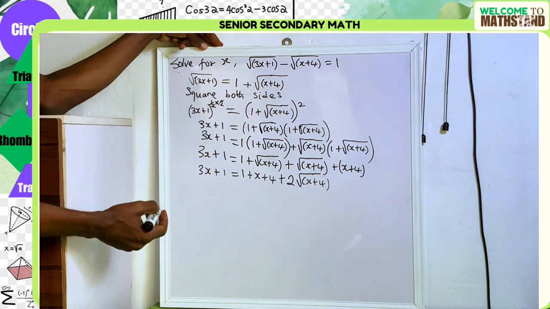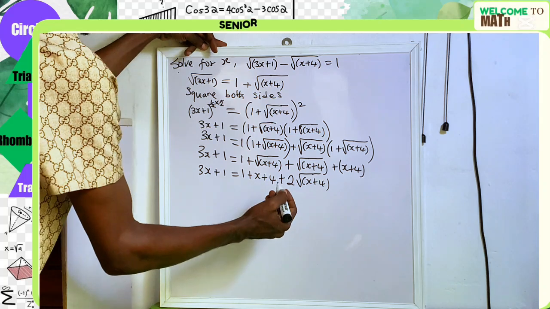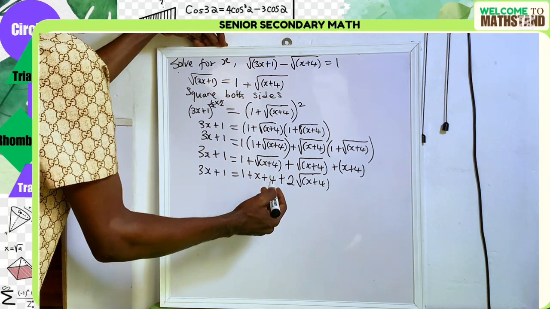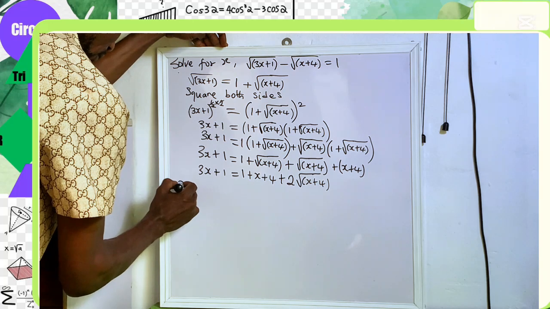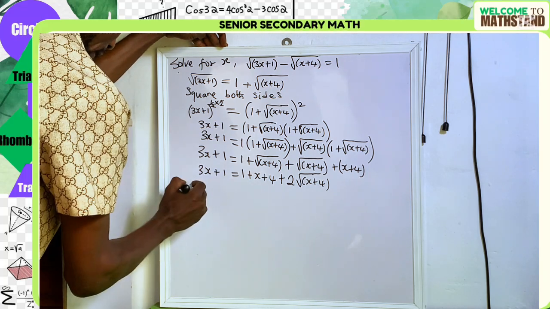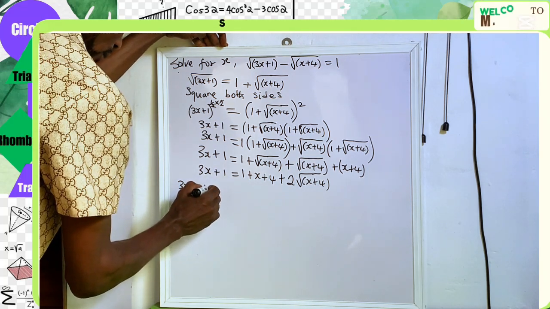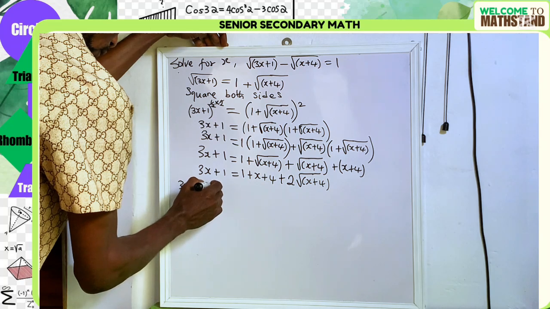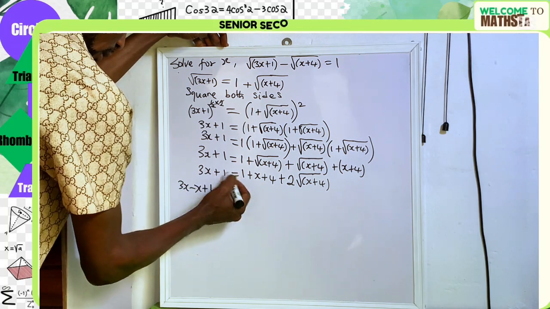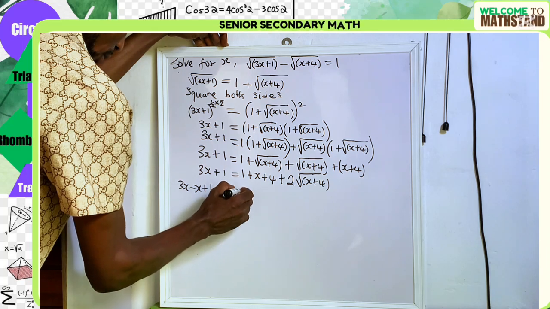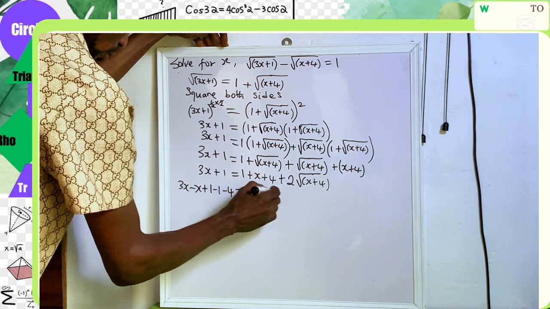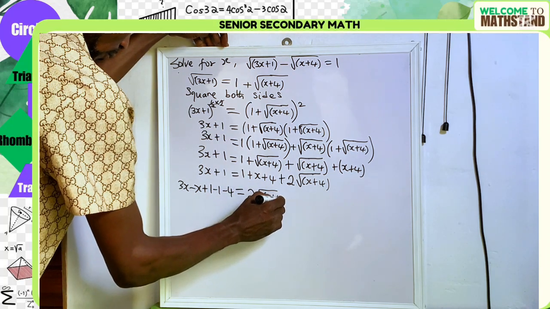So after getting this, let's collect all the rational terms to one side. So you pick all this to the other side. So we have 3x minus x plus 1. This is the 1. Then minus 1 minus 4 equal to 2 square root of x plus 4.